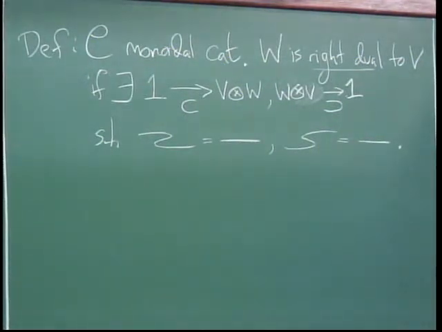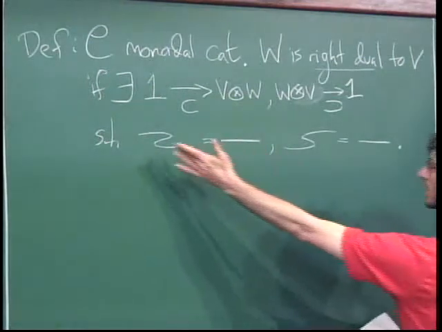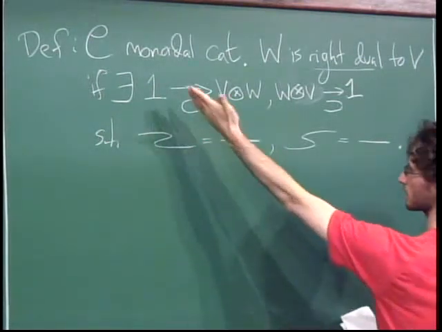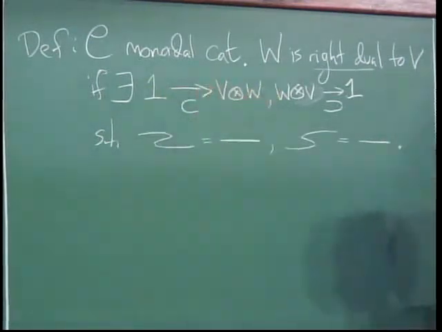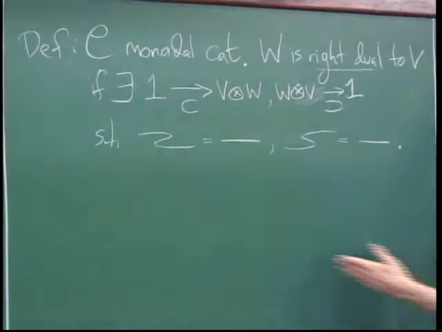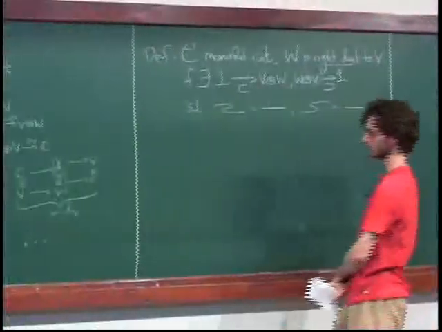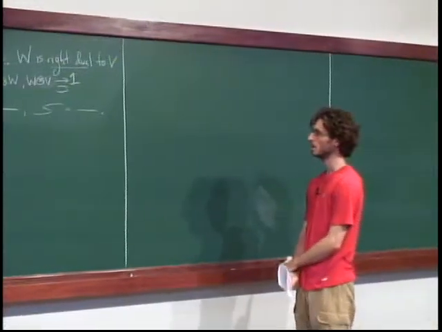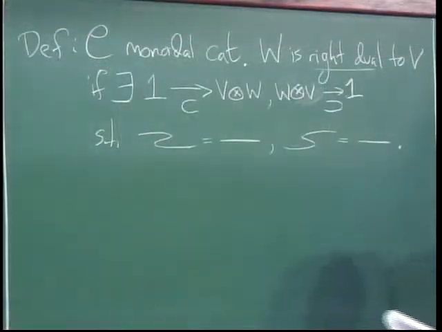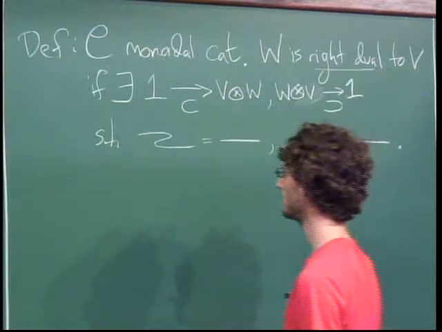So by this, it's a little bit confusing maybe, but I just mean a shorthand for an actual algebraic equation written down in the category in terms of V and W. I just won't write it out again because I wrote enough here. Okay, so that's the notion of a dual.